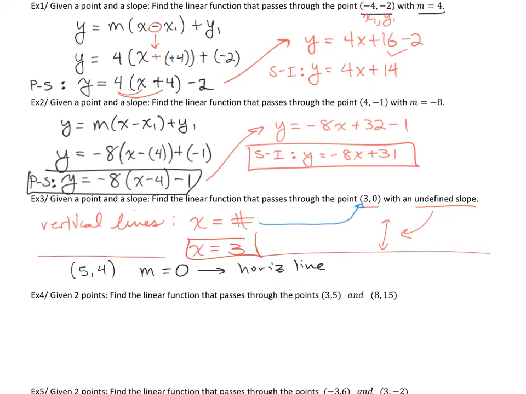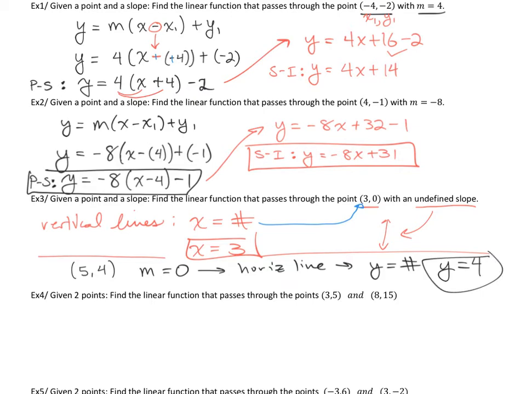And if you have a horizontal line, that will take the form of y equals a number. And so again, like when we have vertical lines with an undefined slope, that ends up being x equals a number. The x coordinate told us what we needed. So here, since we are looking for y equals a number, this ordered pair over here has a 4 in the y coordinate. So we will be looking at the equation y equals 4.